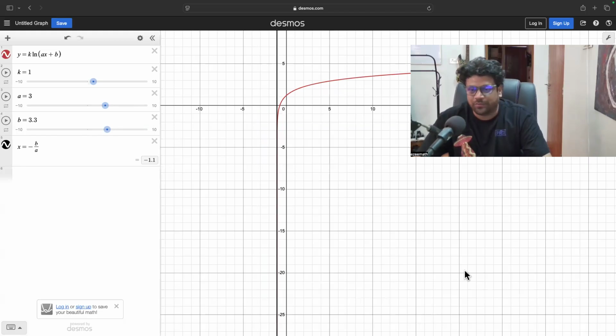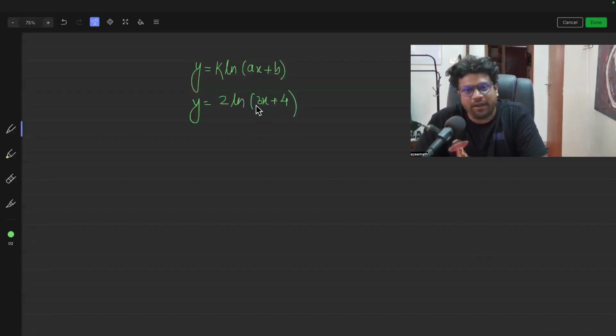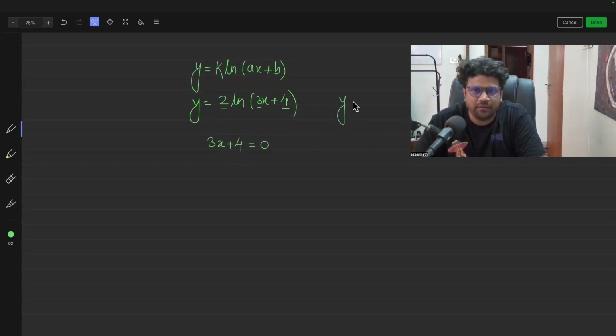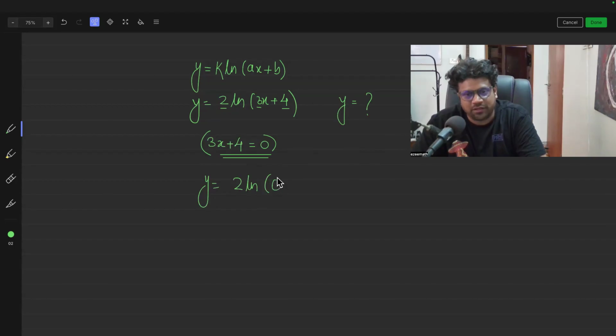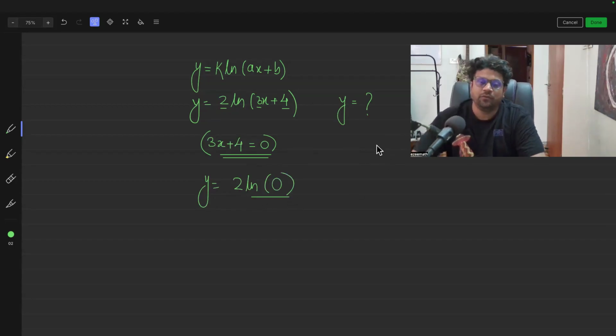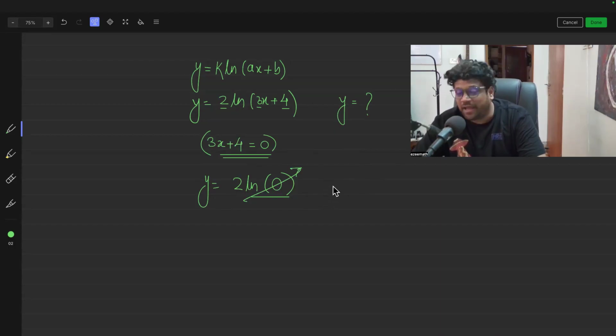So let's take up an example where k is 2, a is 3, b is 4. Well, let's figure out the value of y when 3x plus 4 is 0. Okay, let's see. y equals 2 ln of (3x plus 4), which is 0, so 2 ln 0. Okay, 2 ln 0 is not defined. And what will that be actually?